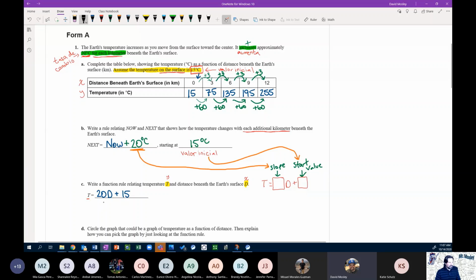So, right here, we always have the rate of change with a variable. The rate of change is always with the variable.